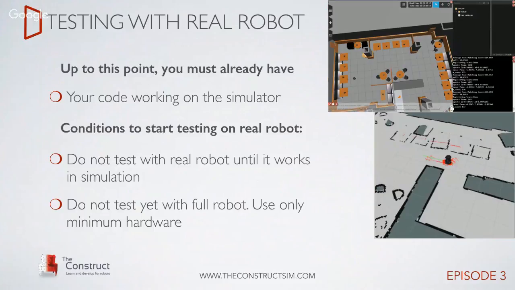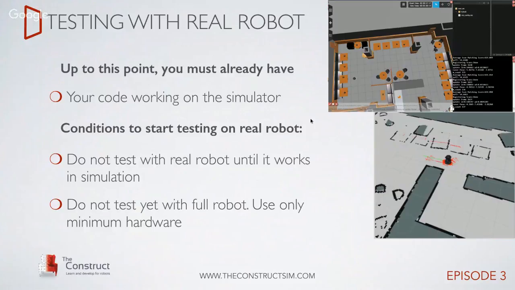Then the second condition to start testing on the real robot is that you don't have to test with the whole robot built already. So if you have finished your tests in the simulation and you want to test on the real robot, you can have the minimum amount of hardware that allows you to test on the real robot.